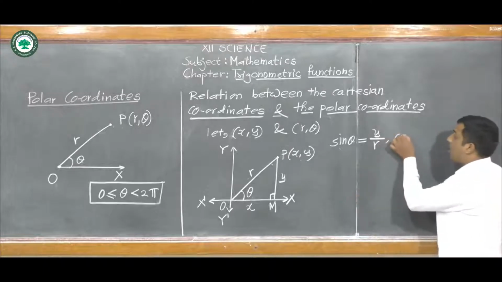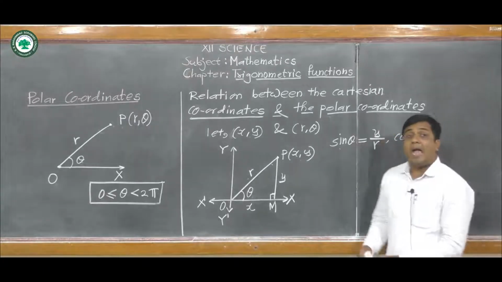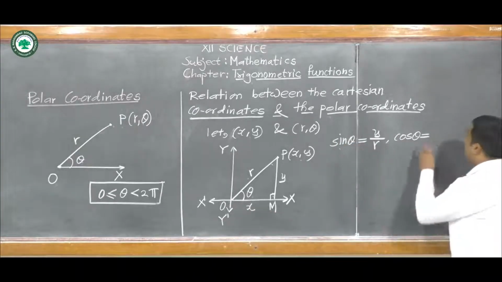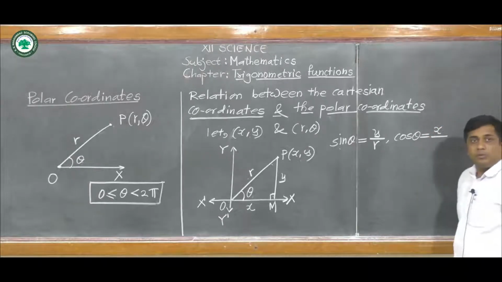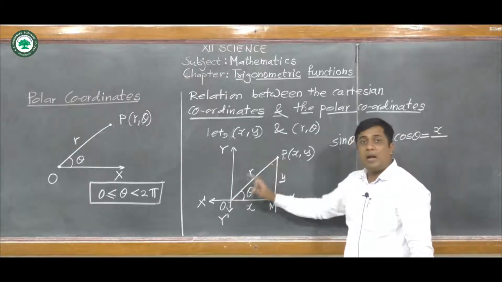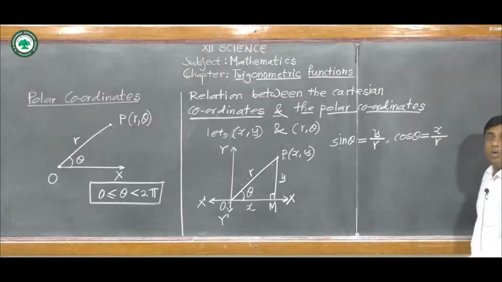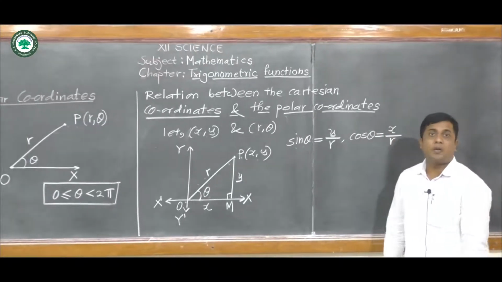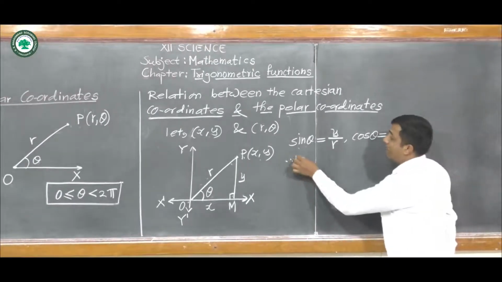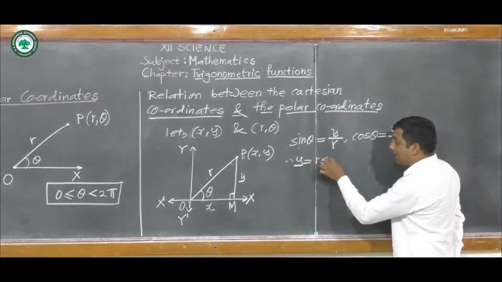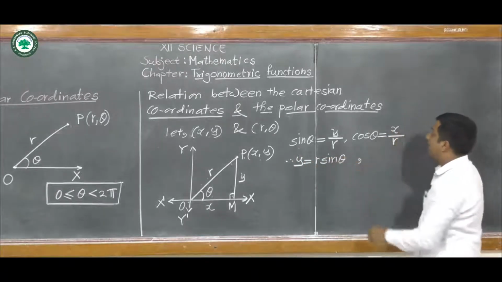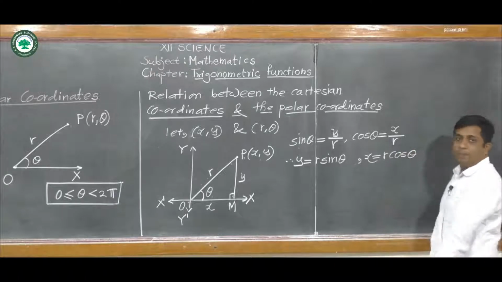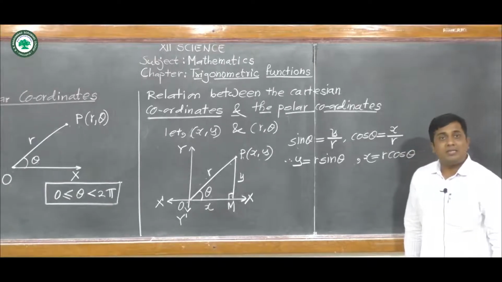Similarly, for cos theta we consider the adjacent side. Here the adjacent side is OM, having length x, and the hypotenuse is OP, which is R. So we get sine theta is y upon R, and cos theta is x upon R. Writing y separately, y is R sine theta, and x is R cos theta.